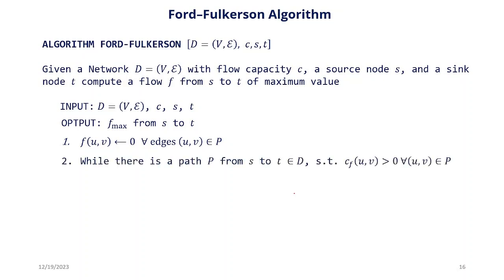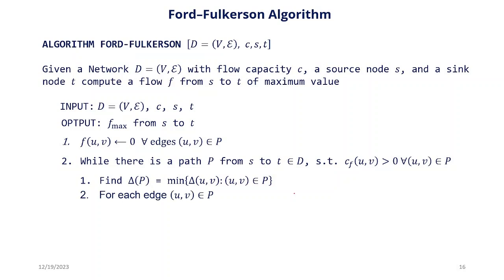While there is a flow augmenting path from the source to the sink, such that the capacity is greater than 0 for all edges inside that flow augmenting path, we are going to do two things. Find delta P, which we did before in the example we saw previously. So we are going to look for delta P for all the edges, and then we are going to take the minimum.